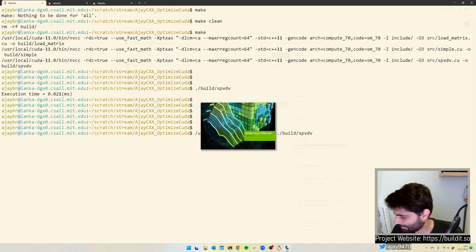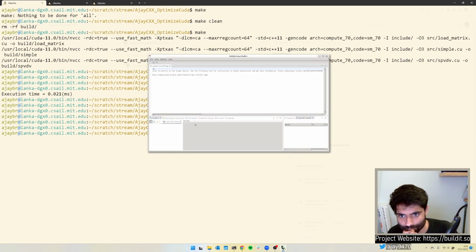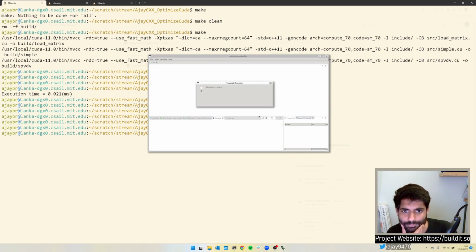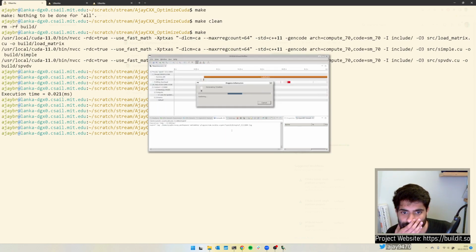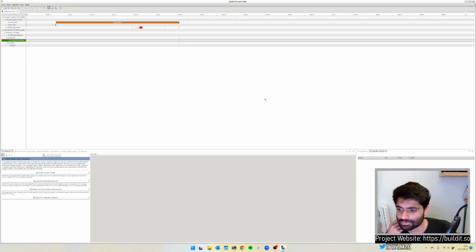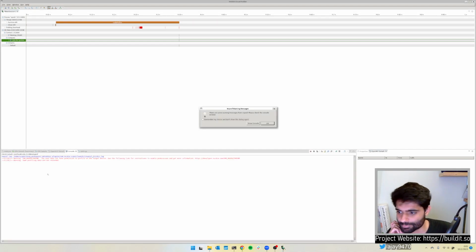Hopefully this time we should be able to see the kernel. There we go. Here's our SPVDV kernel, which we ran. So what I'm going to do is hit examine GPU usage.